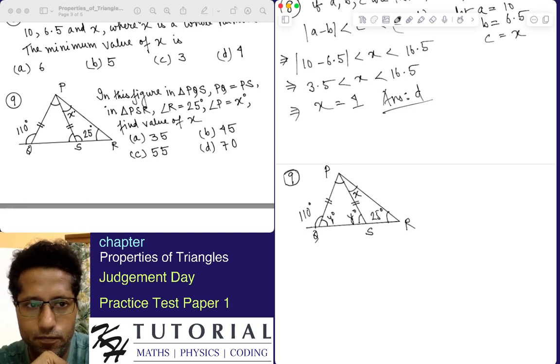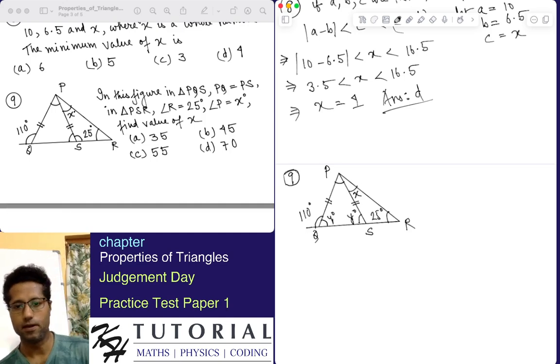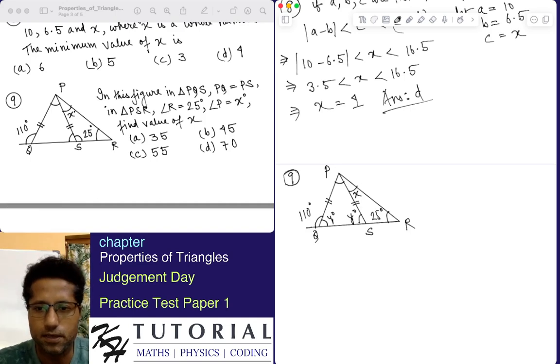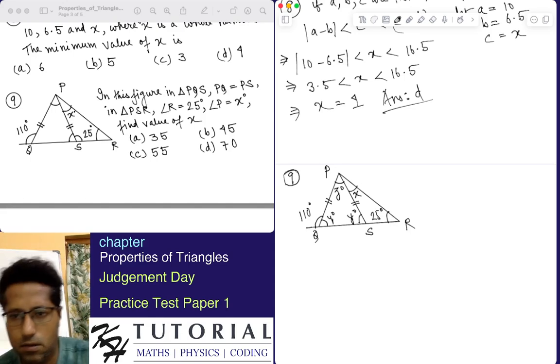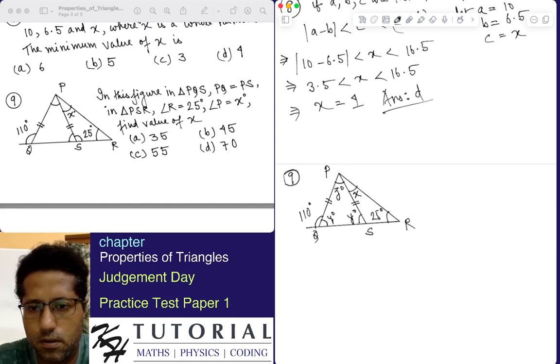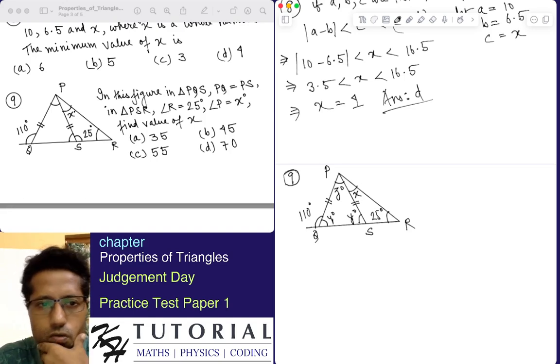We have to utilize the fact that 110 degree is an exterior angle to the opposite interior angles. Let this be z. So, z plus y will be 110. Oh, we can easily find y.